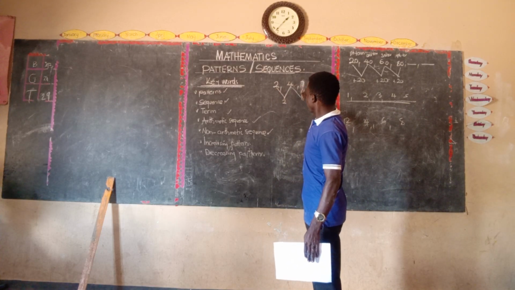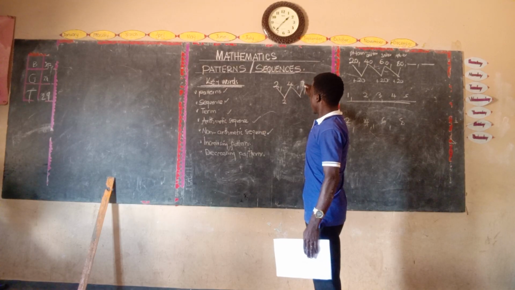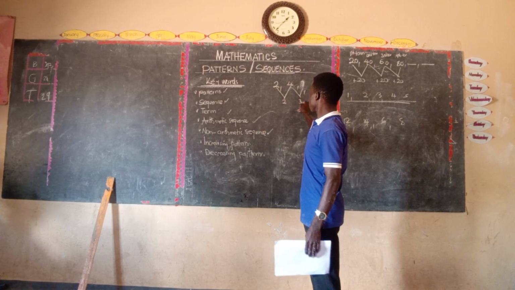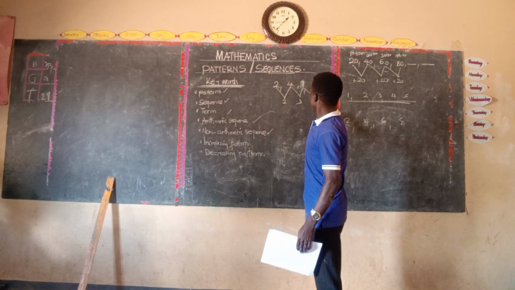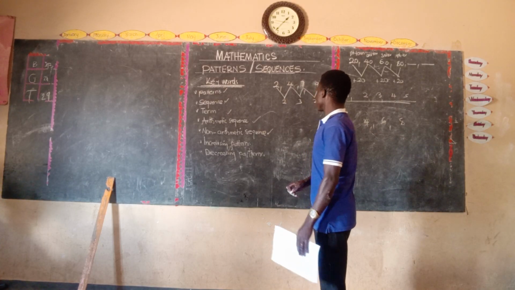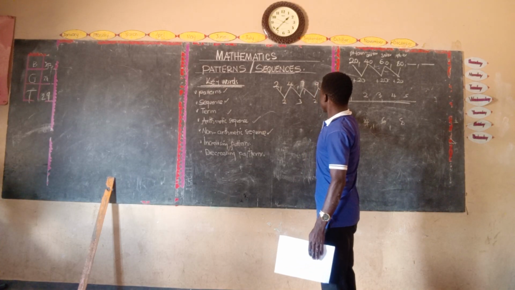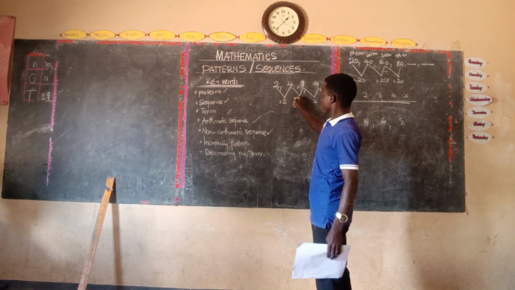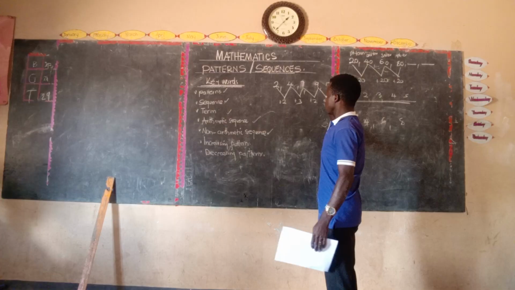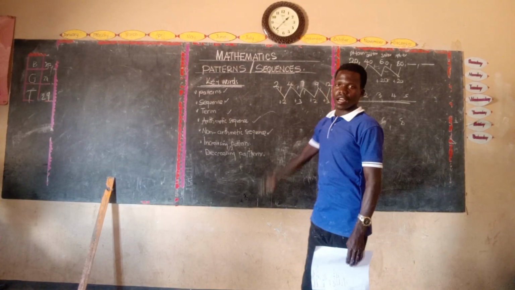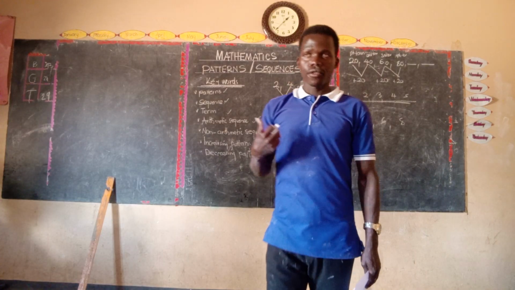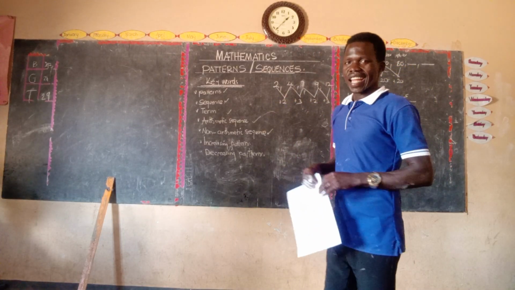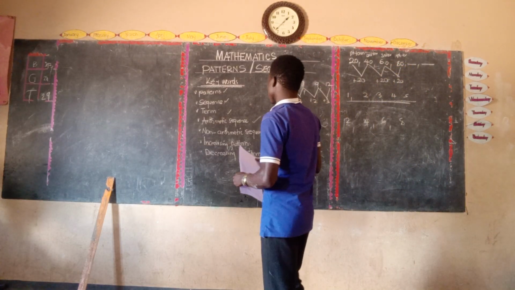What about here? 4 and 7, the difference is not 2, it is 3. Here the difference again is 2. Here the difference is 3. You can see that the relationships in the numbers are not the same. Therefore we qualify such sequences to be called non-arithmetic sequences.